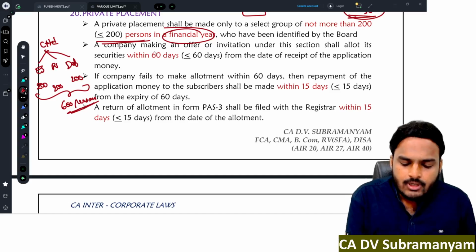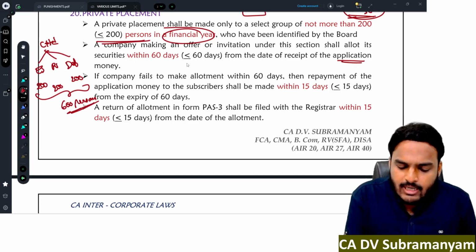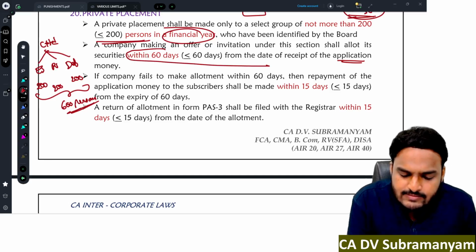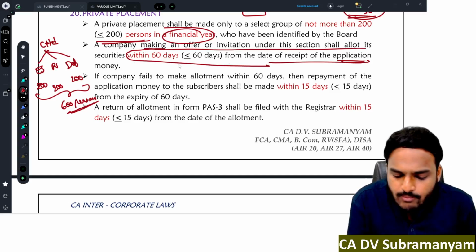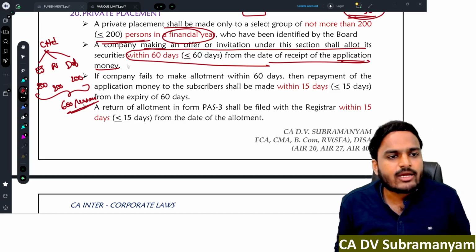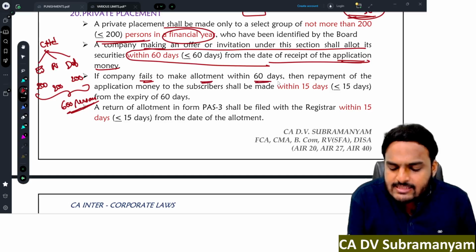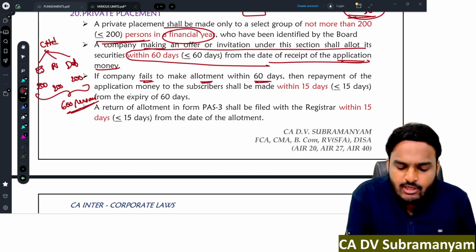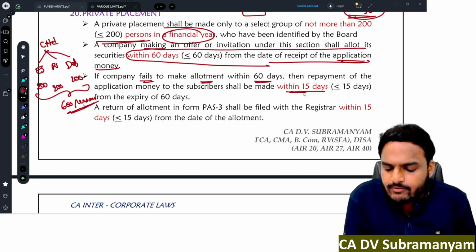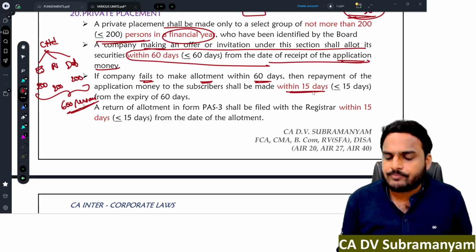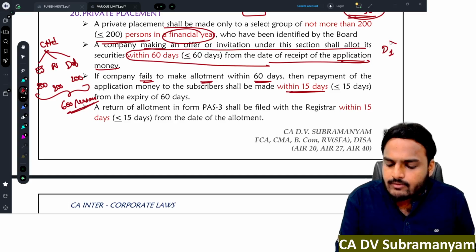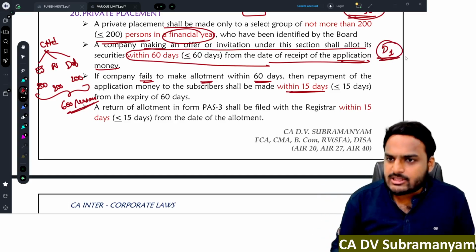Next one, after receiving application money, within 60 days from date of receipt of application money, company has to make allotment. If company fails to make allotment within 60 days, then repayment of application money to the subscriber shall be made within 15 days. Day 1, company received application money.